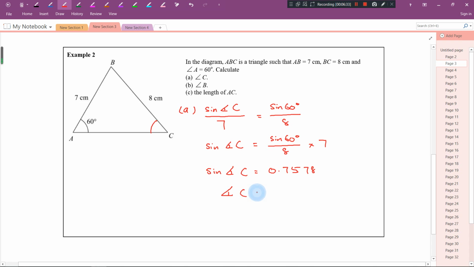So angle C will be equal to, we want to find the angle, right? So later on when you press your calculator, remember to press shift, then press sine. We want to find the inverse sine of this. Shift sine 0.7578. Okay, so you should be able to get 49 degrees 16 minutes.